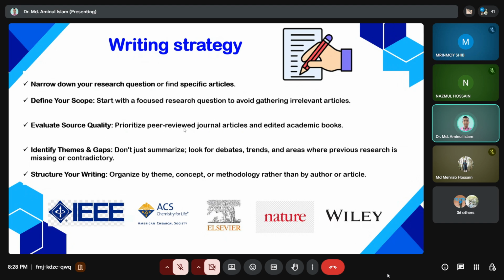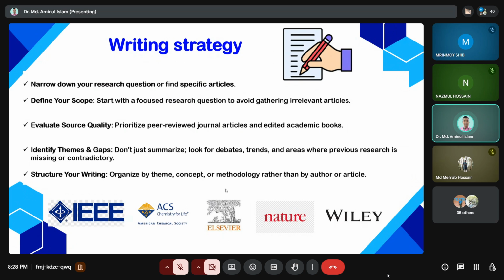Nowadays, there are many publishers publishing research, which can be from your field too. However, do not collect articles from unknown or predatory journals. Try to collect good quality articles from IEEE, American Chemical Society, Elsevier, Nature, or Wiley, because the articles published by these publishers are of good quality.